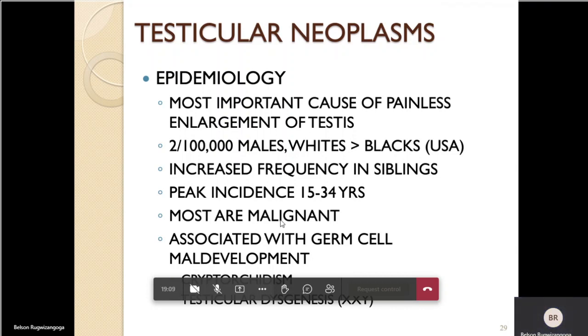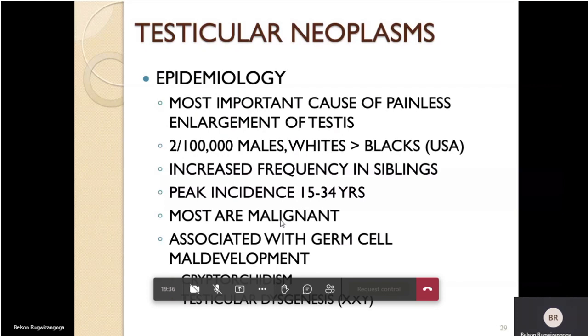The incidence is 2 out of 100,000 males in the United States. Whites are more affected than blacks. There is increased frequency in siblings, meaning that there is a problem with heredity. The peak incidence is between 15 and 34 years of age.